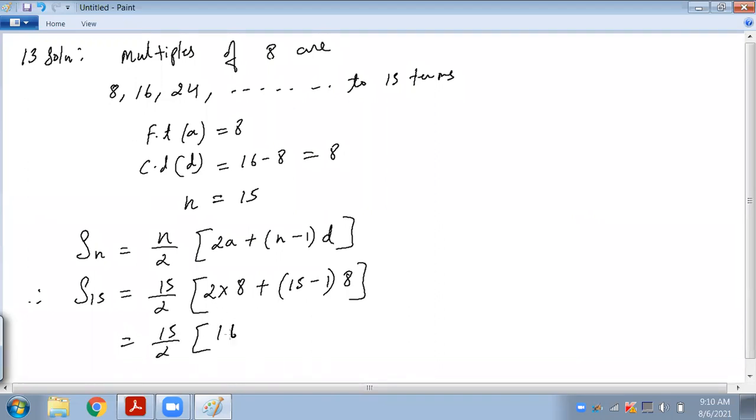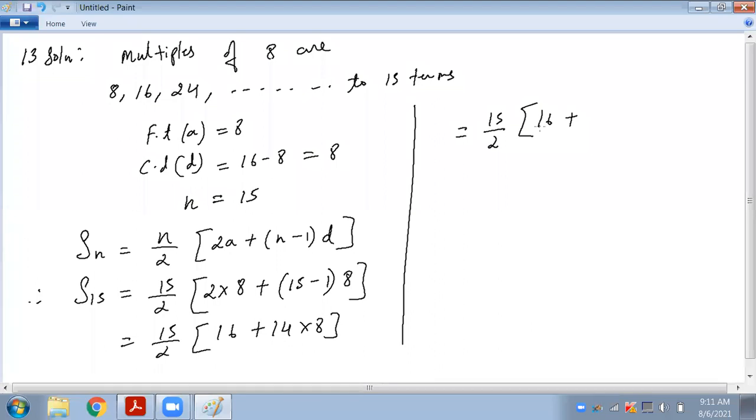Solve the bracket. 8 times 2 is 16, plus 15 minus 1 is 14. 16 plus now 14 into 8 is how much? 14 into 8 is 112. Now again add it. 112 plus 16.